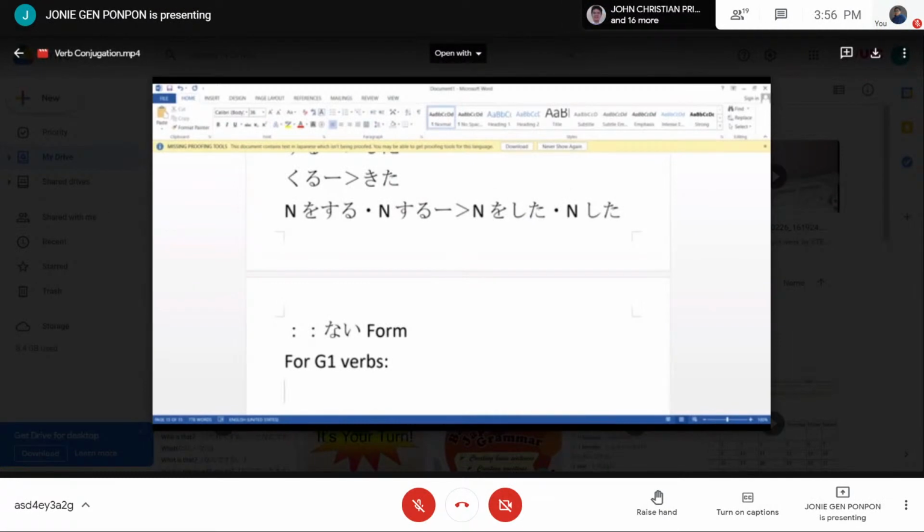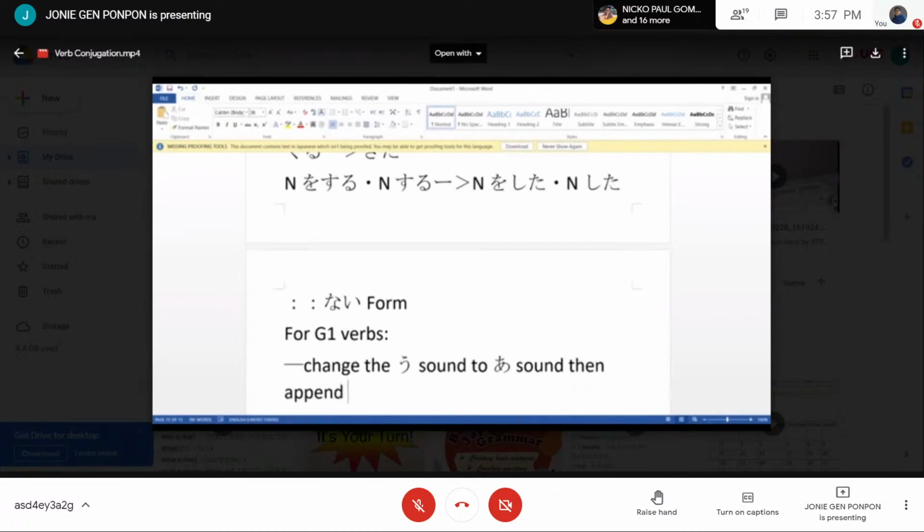And now you can have the nai kei of the group 1 verbs. Change the u sound to a sound, then append nai. Okay? There are two rules here.